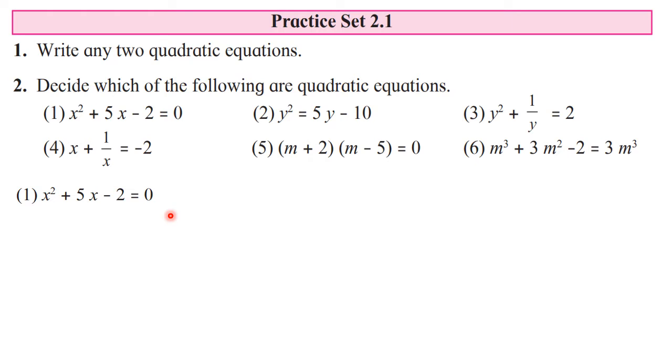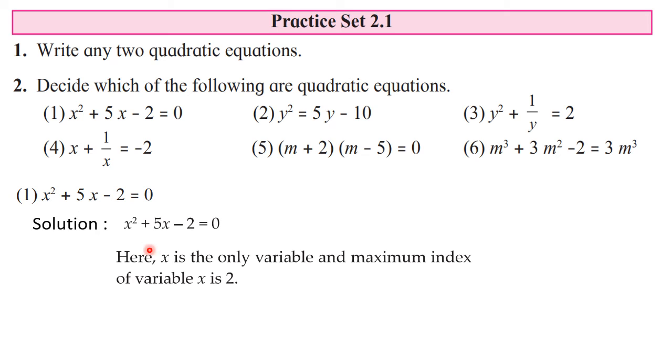Like first one, x square plus 5x minus 2 is equal to 0. So here first we have to write about the variable, that the equation has only one variable and the maximum index of the variable x is 2, and therefore the given equation is a quadratic equation, or the equation is quadratic in variable x.